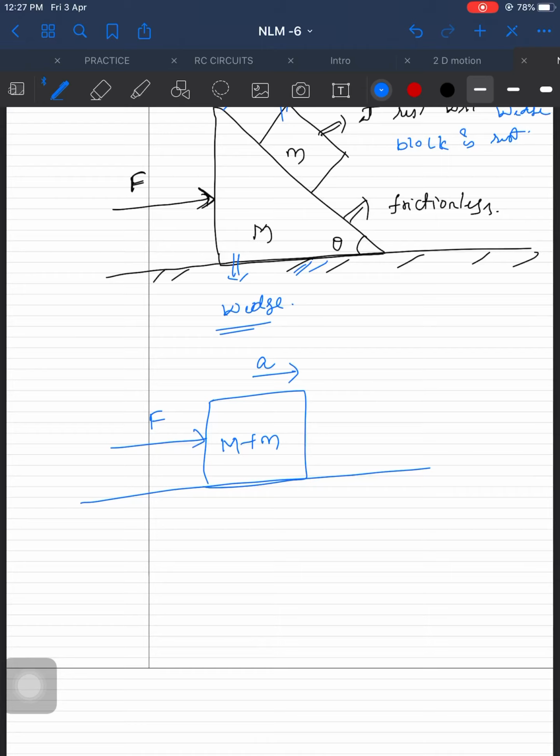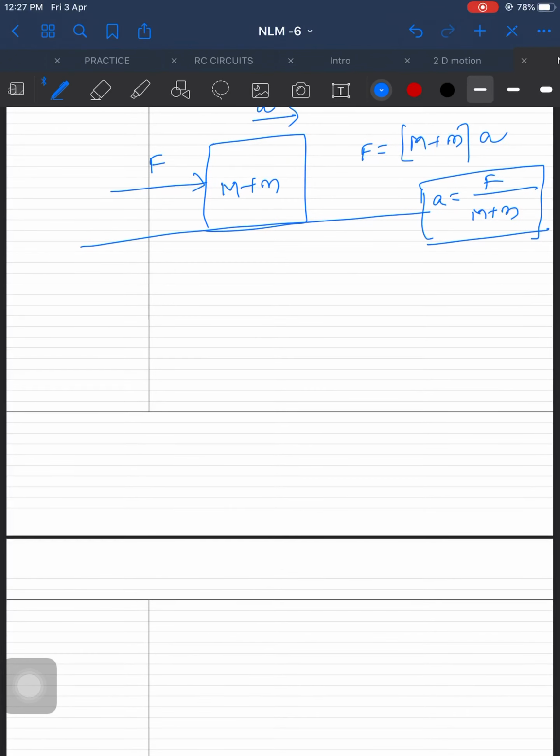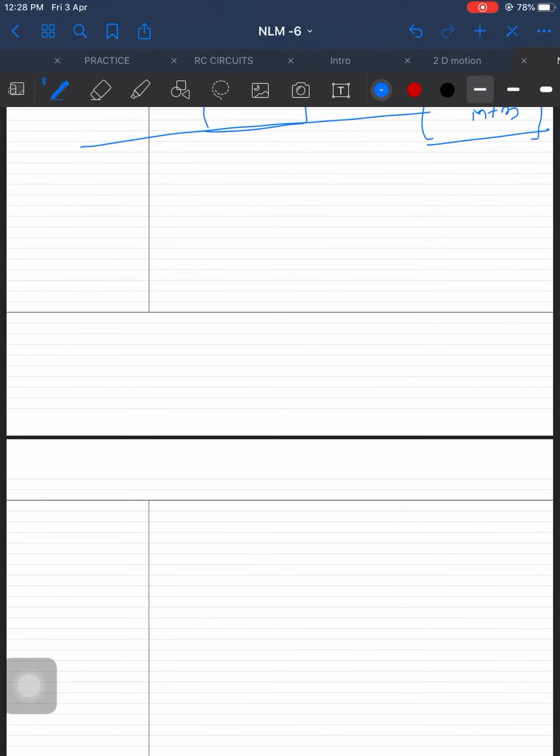No, this is a frictionless surface, so F is equal to (capital M plus small m) multiplied by A. A is equal to capital F over (capital M plus small m). This is the acceleration of whom? The acceleration of capital M and small m as well.